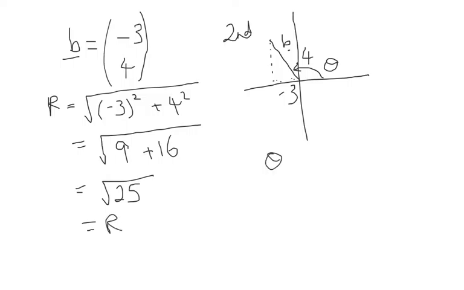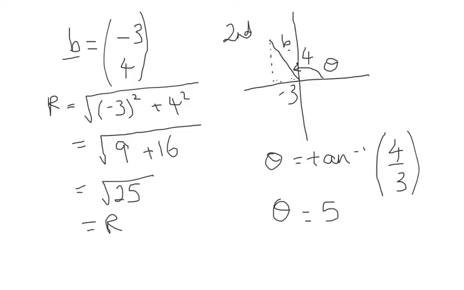Here we have the inverse tan. Now it's safest to use y over x, but use the positive numbers, 4 over 3. Inverse tan is 53.1 degrees.